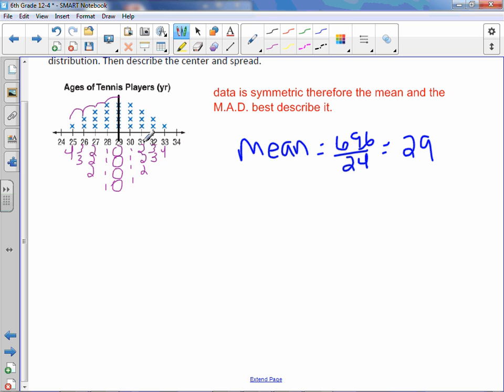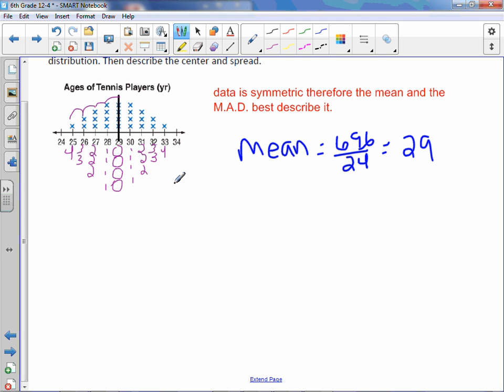Now let's find the average of these numbers. So let's add them in the calculator. 4 plus 3 plus 3 plus 2 plus 2 plus 2, plus 1 plus 1 plus 1 plus 1, plus 0 plus 0 plus 0 plus 0, plus 1 plus 1 plus 1 plus 1, plus 2 plus 2 plus 2, plus 3 plus 3 plus 4, gives us 40.